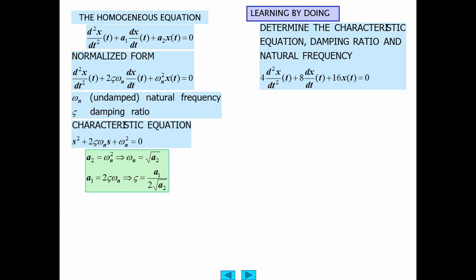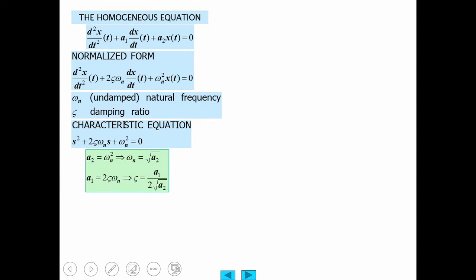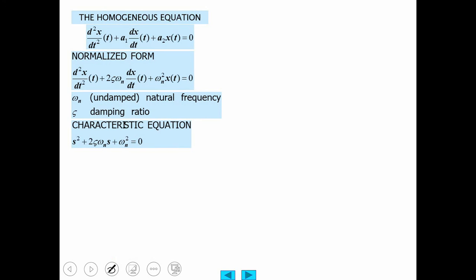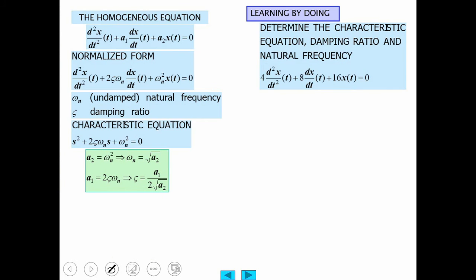Well, we've got to divide everything through by, oops, what did I do there? I forgot to put my pen on. There we go. Divide everything through by 4, the leading term. So we're going to get 1 times the second derivative, 2 times the first derivative, and 4 times the constant term.